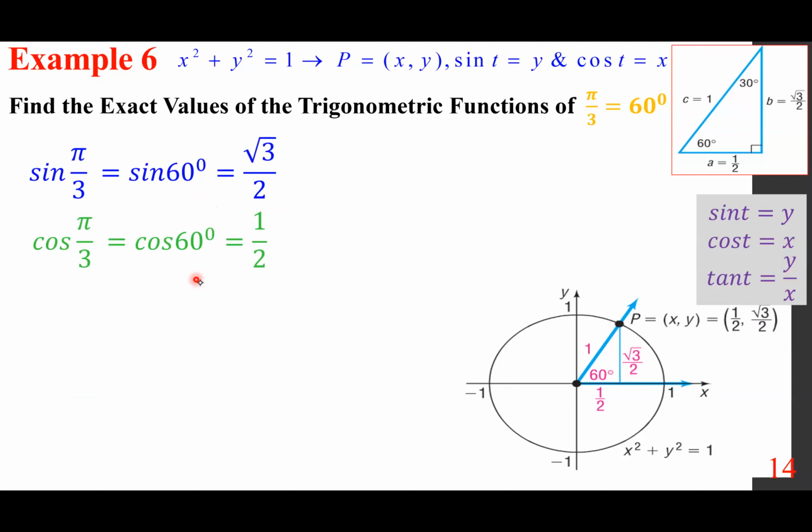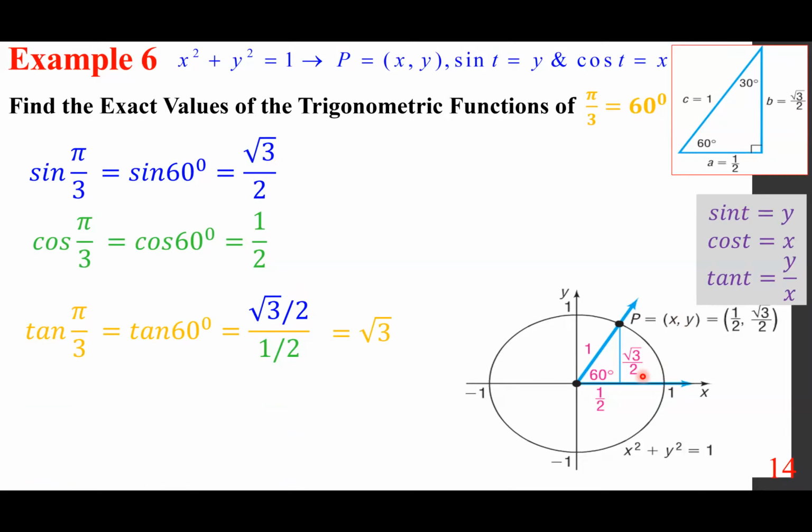As long as we have these two, we can find the rest of it. So tangent is the ratio of these two numbers, square root of 3 over 2 over 1/2. It simply becomes square root of 3. I hope you see that you can drop the 2. So this 2 comes from here or here, if you will.